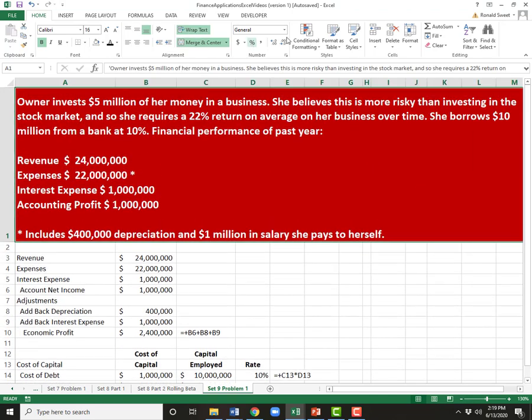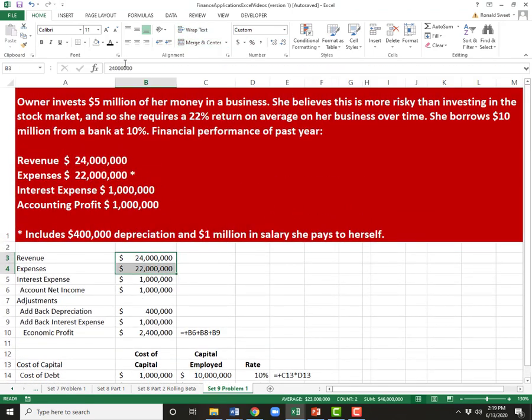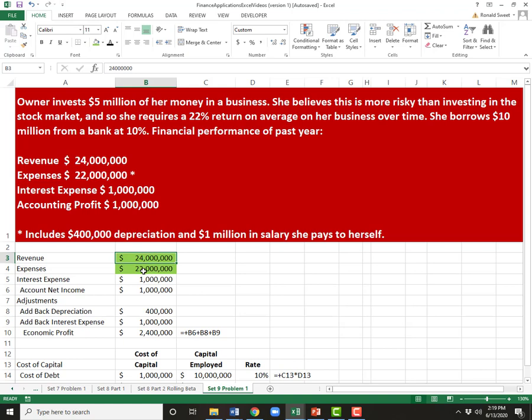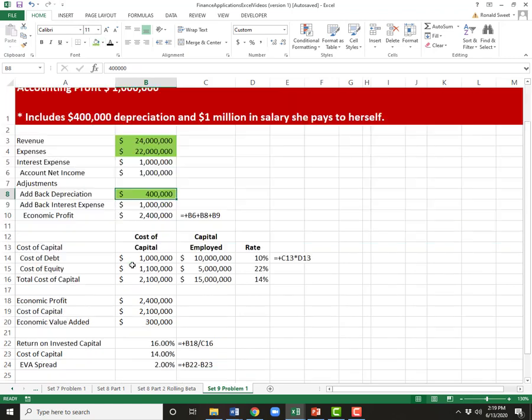So let's go back and again, let's highlight the things where we have to input a number. You want to input the revenue and expense. The interest expense, I think you're better off calculating it. So you need to add back the depreciation. You get that out of the problem.